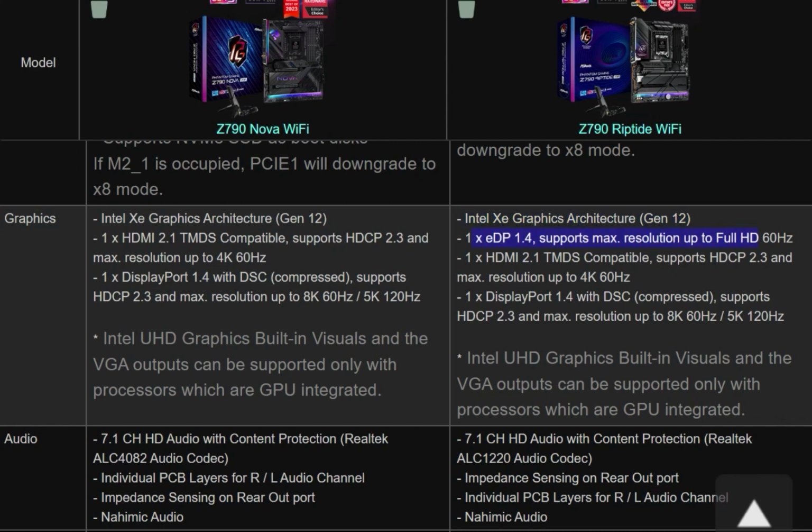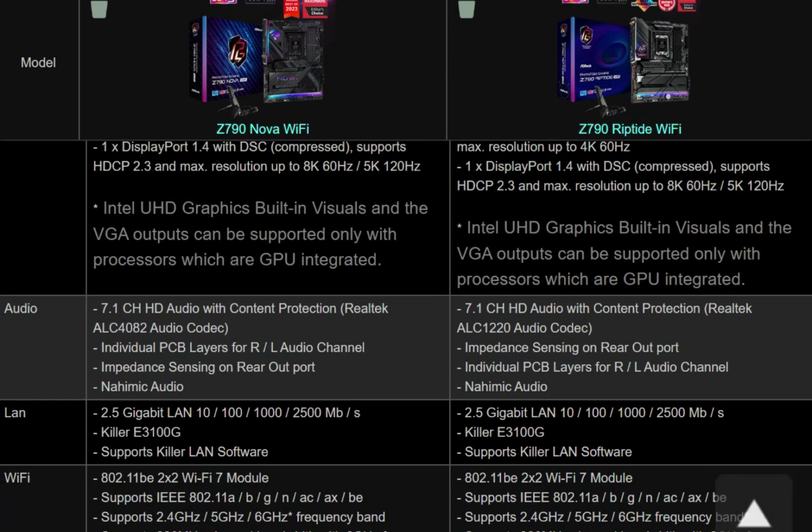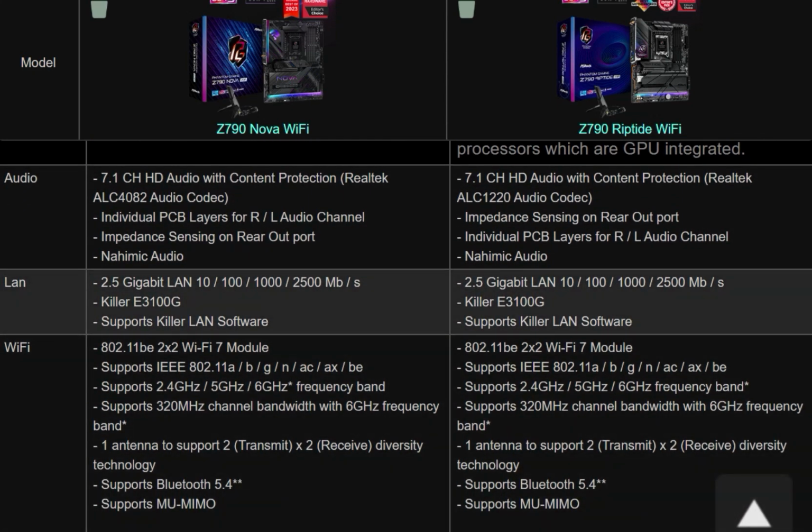This is not in the WiFi. 1x DisplayPort 1.4 with DSC support, HDCP 2.3 and max resolutions 8K 60Hz and 4K 120Hz. This is also same. Audio almost same. LAN 2.5 gigabit, 10/100/1000 Mbps, and ultra speed means 2.5 Gbps. This is also same.